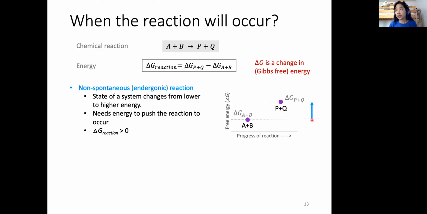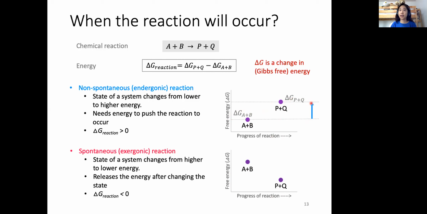This is the difference between the products PQ and the reactants A plus B. So you need energy.